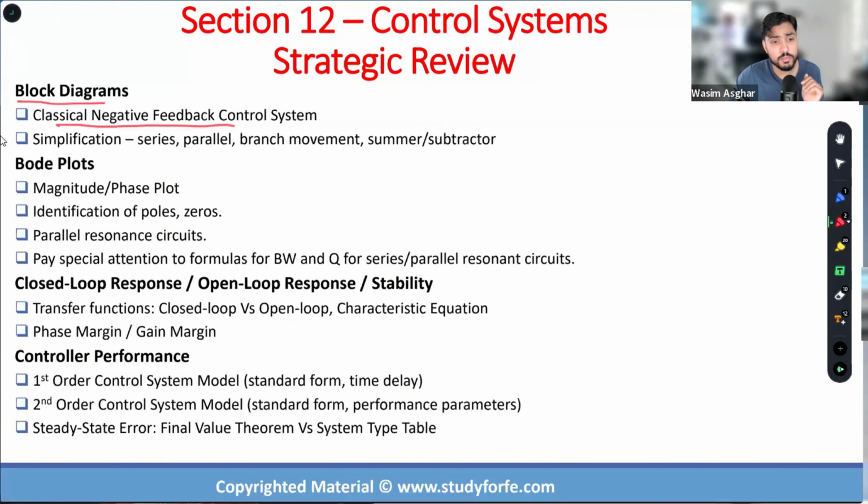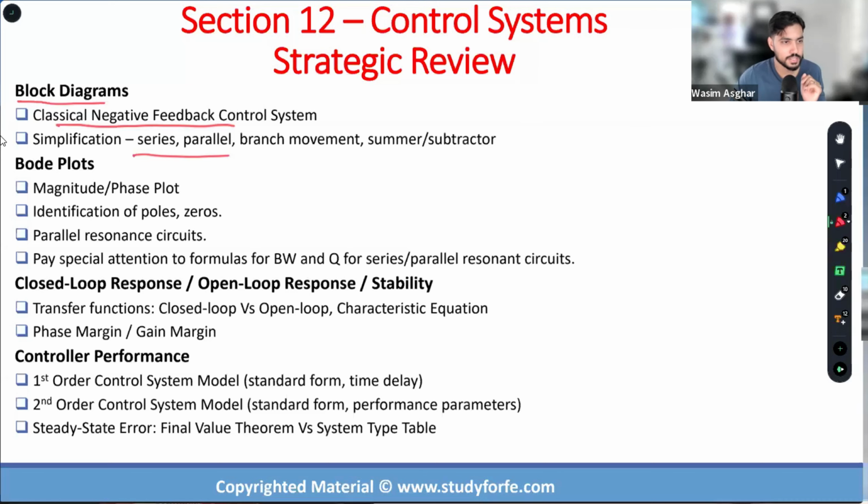The other aspect of block diagrams is simplification. Now, the handbook itself does not necessarily have any details around it, but the NCEES sample exam for FE Electrical, the paperback, they have come up with the interactive practice exam as well. But the paperback practice exam has a problem dealing with simplification of block diagrams.